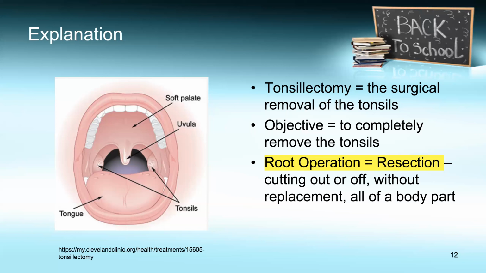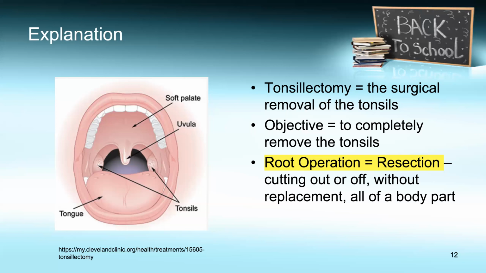So just that one word difference between those two root operations. And that's where the devil is in the details. It comes down to what is in the description of the procedure note, so you can figure out, did they take them all out or did they only take a portion of it out? And that's going to help you determine.